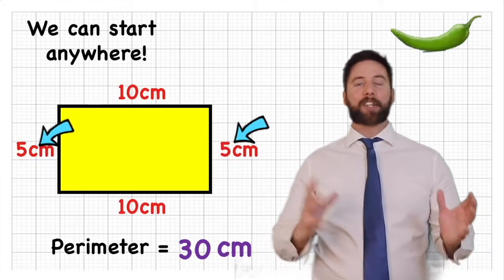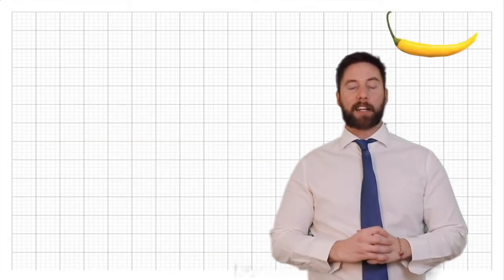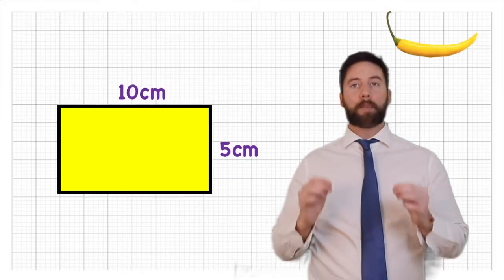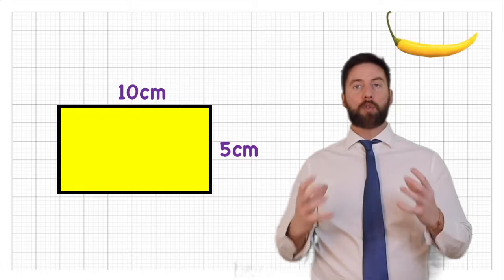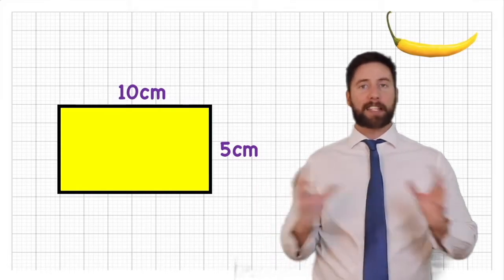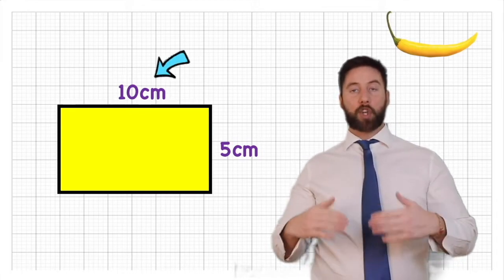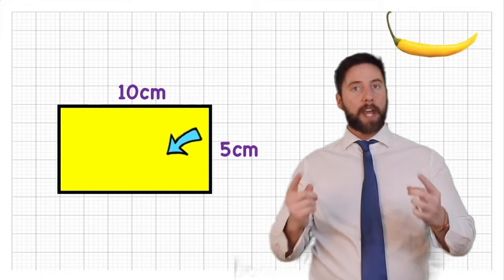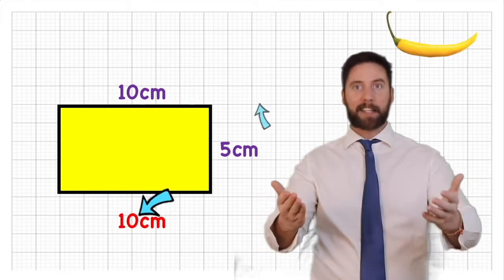Let's have a little look at something a little bit harder. Let's have a look at an orange chili, okay? An orange chili challenge. So, sometimes you won't be given all the measurements and you've got to infer and decide what you think those measurements are based on the information you've already got, okay? So let's look at that same rectangle and let's take away some of those measurements. So if we have a top side of 10 centimetres, we know that that bottom length is also going to be, you guessed it, 10 centimetres.